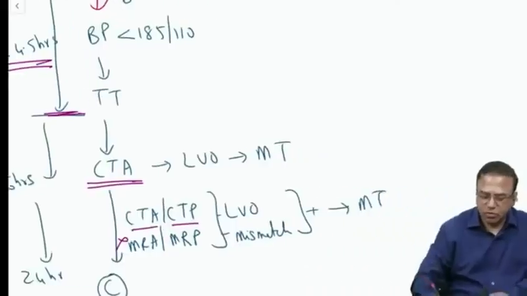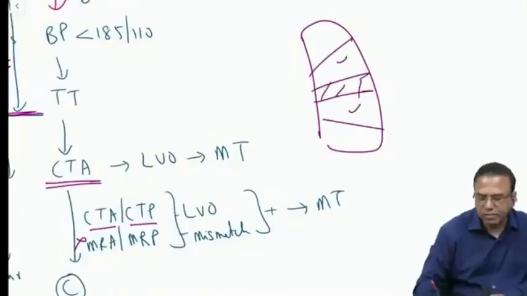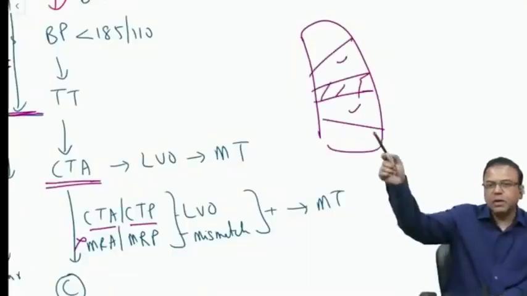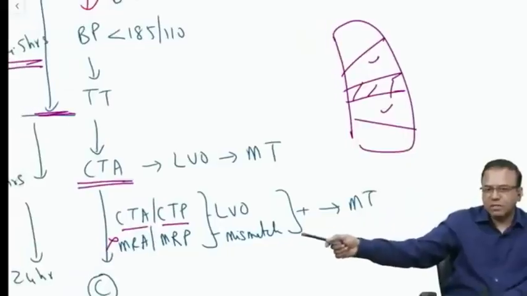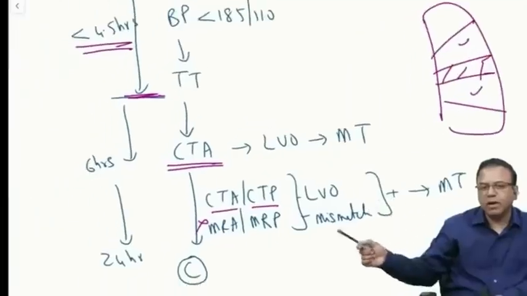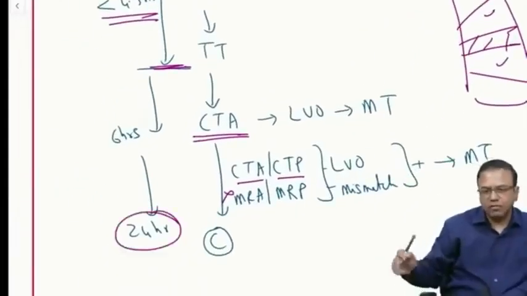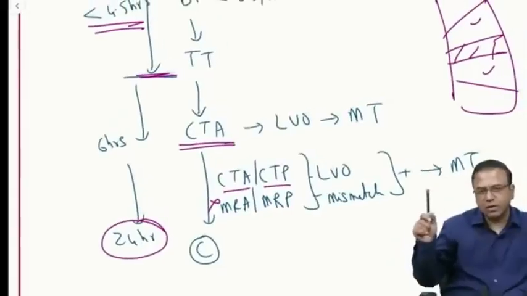This area is already affected, this area is hypoperfused, so all this is potential penumbra zone that can be lost. Mismatch and large vessel both should be present to do mechanical thrombectomy. We can do mechanical thrombectomy up to 24 hours.